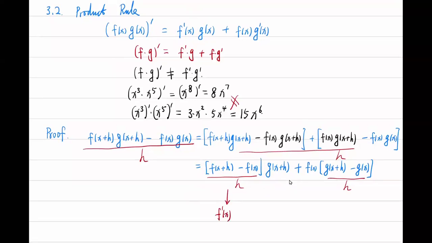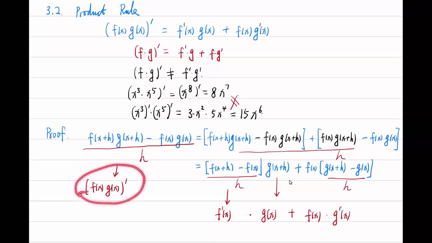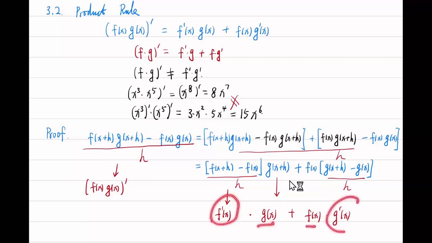This one, when h goes to 0, just goes to g(x). We add f(x), and this one again goes to the definition of the derivative of g. So that's how we get the product rule. We start with the derivative of the product and end with the sum: derivative of first times second, plus first times derivative of second. That's the product rule, and it's not the product of the derivatives. That's the key point.